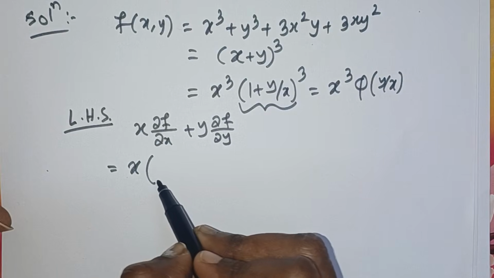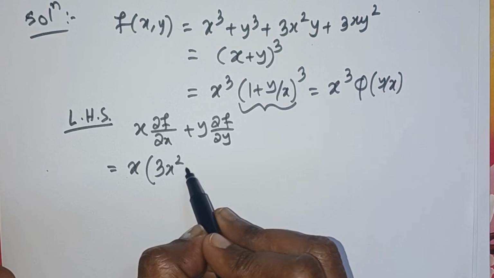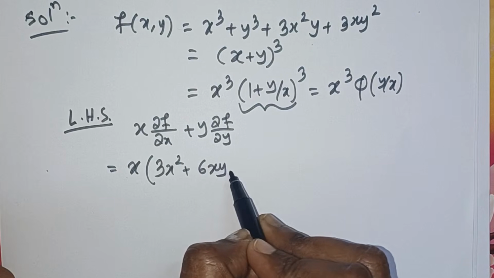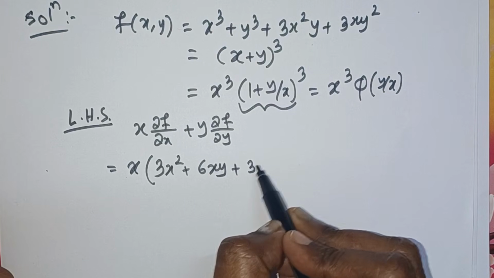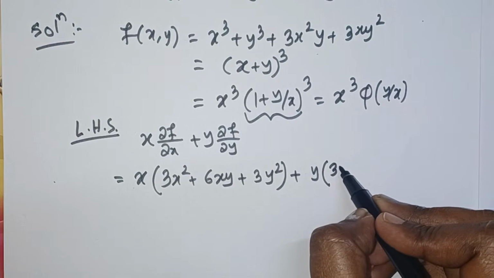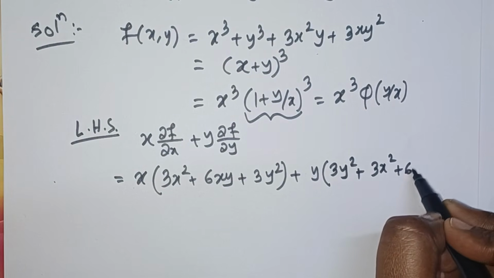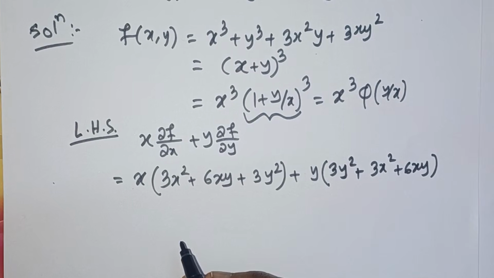So now LHS is x del f del x plus y del f del y. Now calculate this one. So x into del f del x is 3x square plus 6xy plus 3y square, plus y del f del y is 3y square plus 3x square plus 6xy.